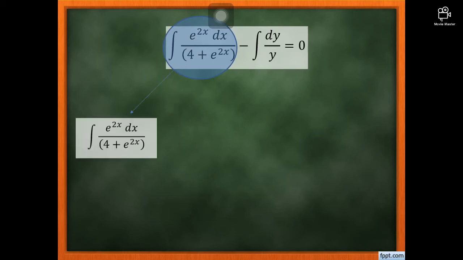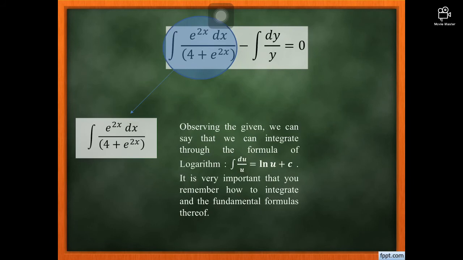So what have you observed? Observing the given, we can integrate through the formula of logarithm. The formula of logarithm is the integral of du over u is equal to ln u plus c. It is very important that you remember how to integrate and the fundamental formulas thereof.